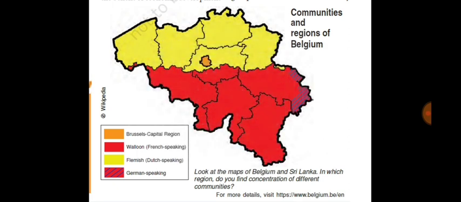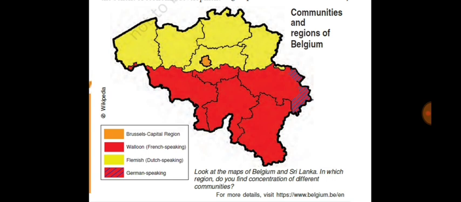So you can divide Belgium into three regions. One is the yellow part, that is the Flemish region, and mostly the people from this region speak the Dutch language, because it is very near to Netherlands.